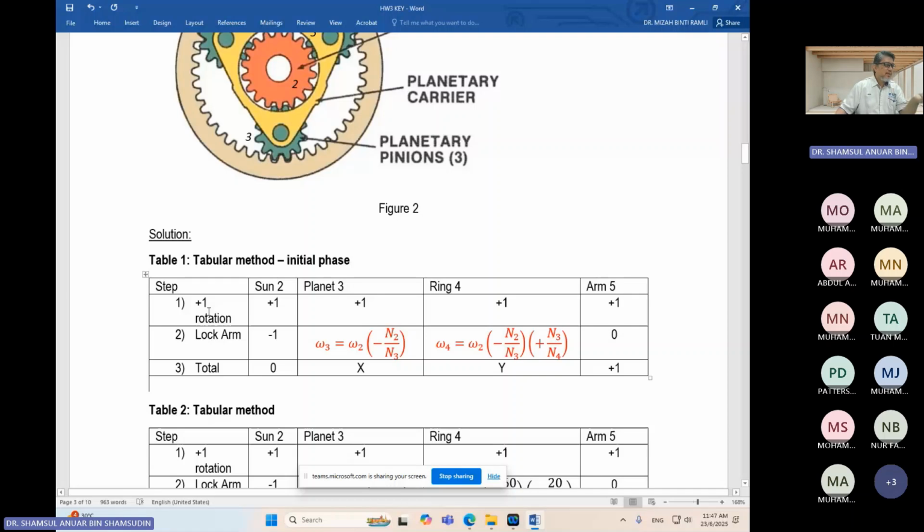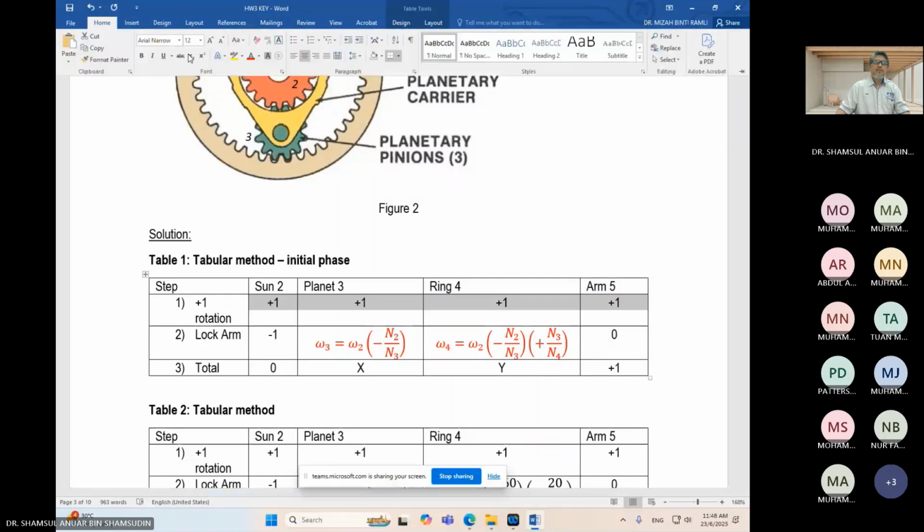Some books say put negative one, just to show a difference. It doesn't matter whether you start with a plus rotation or a minus rotation. Just give one rotation for everything. This is the same process for all gears, done automatically.